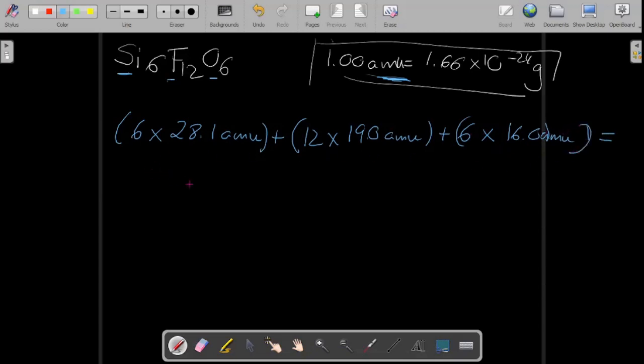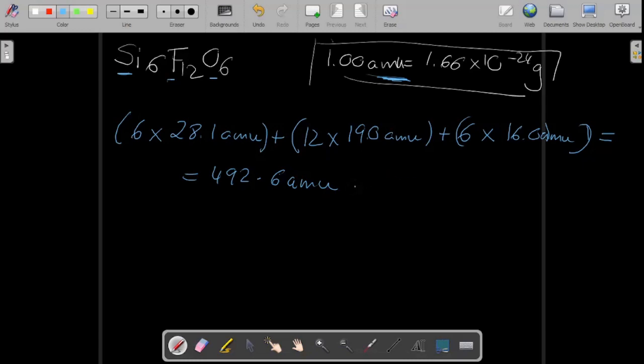So what is that equal to? Put it in the calculator. You'll find that the mass in atomic mass units for this molecule is 492.6 atomic mass units. But they don't want it in atomic mass units. They want it in grams. I'm just going to open my factor here.